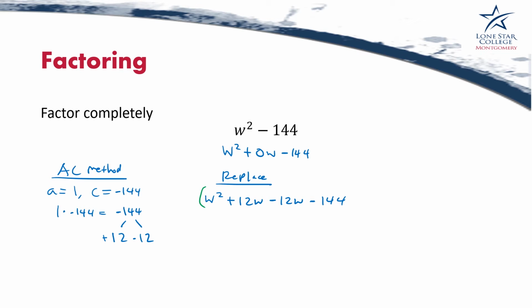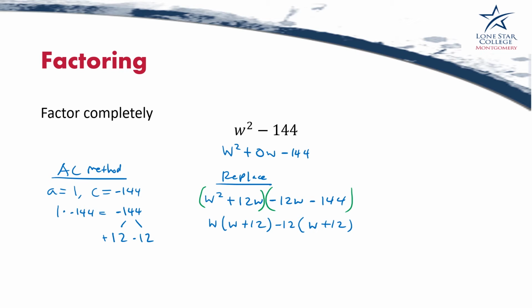And then we group the first two terms and the second two terms. We find the greatest common factor of the first parentheses, which would be w, and this would leave w plus 12. In the second set of parentheses, we can pull out negative 12 because we have a negative in front, and we're left with, again, w plus 12.